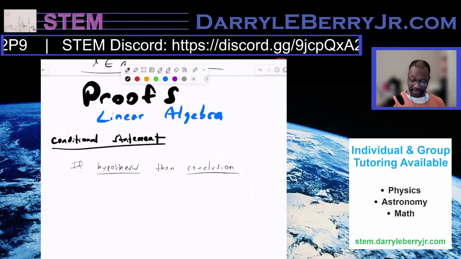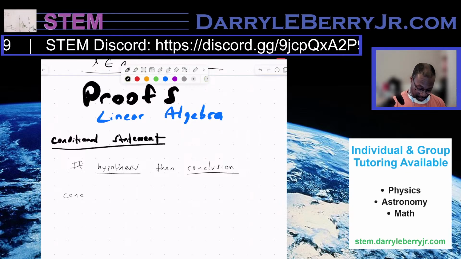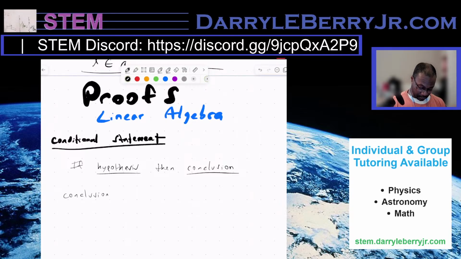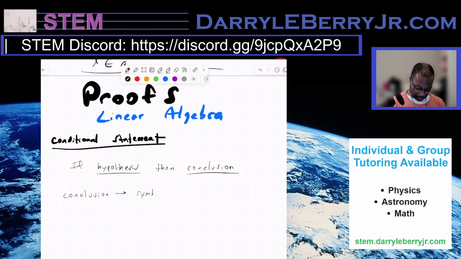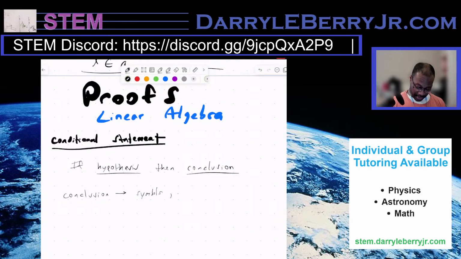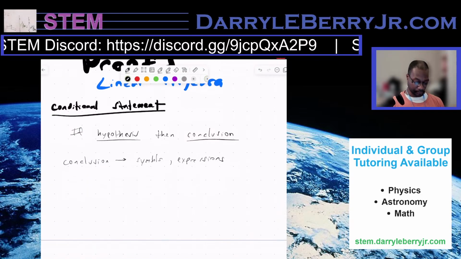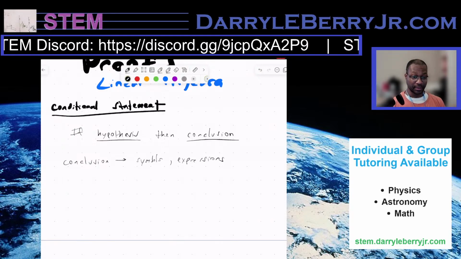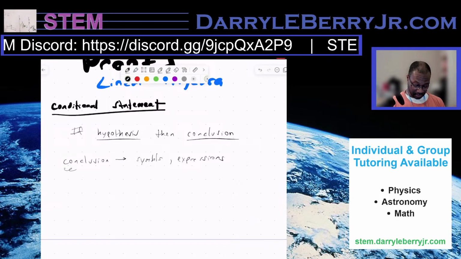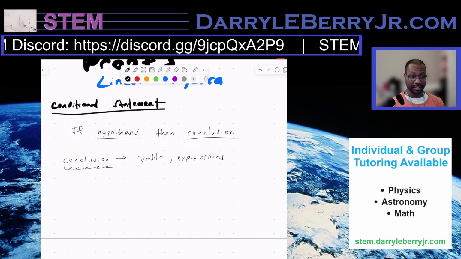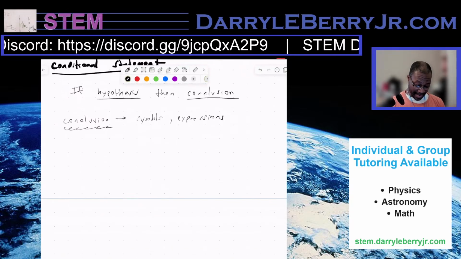If hypothesis, then conclusion. And in our conclusion, we want to use symbols and expressions to prove that. So conditional statement, hypothesis and conclusions. And the conclusion, utilizing symbols and expressions so we can solve it algebraically, which I'll get back to.